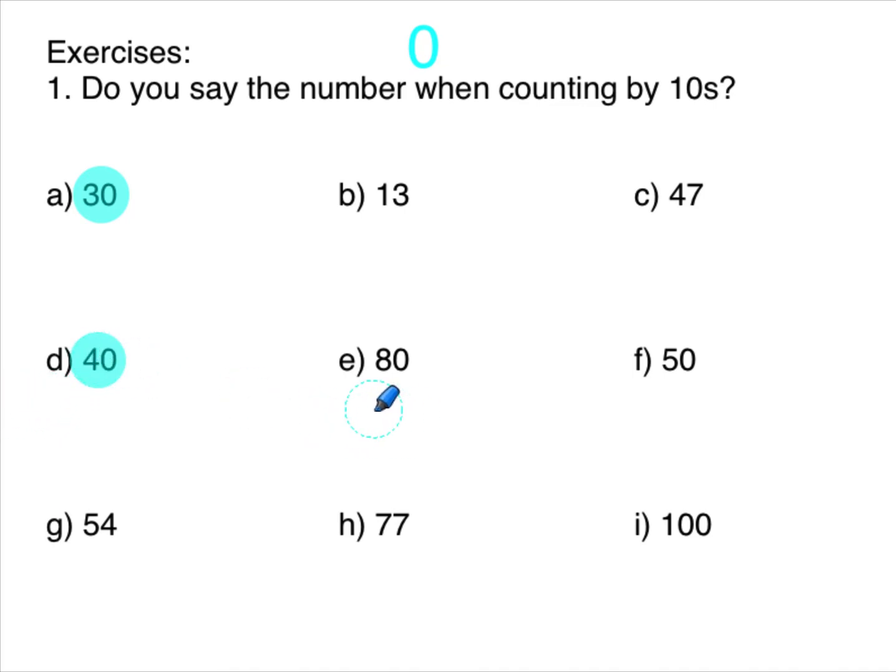Yes. 80 ends with a 0. 50 ends with a 0. 54 does not. 77 does not. 100 does. So if we count by tens, we can double check. 10, 20, 30, 40, 50, 60, 70, 80, 90, 100.